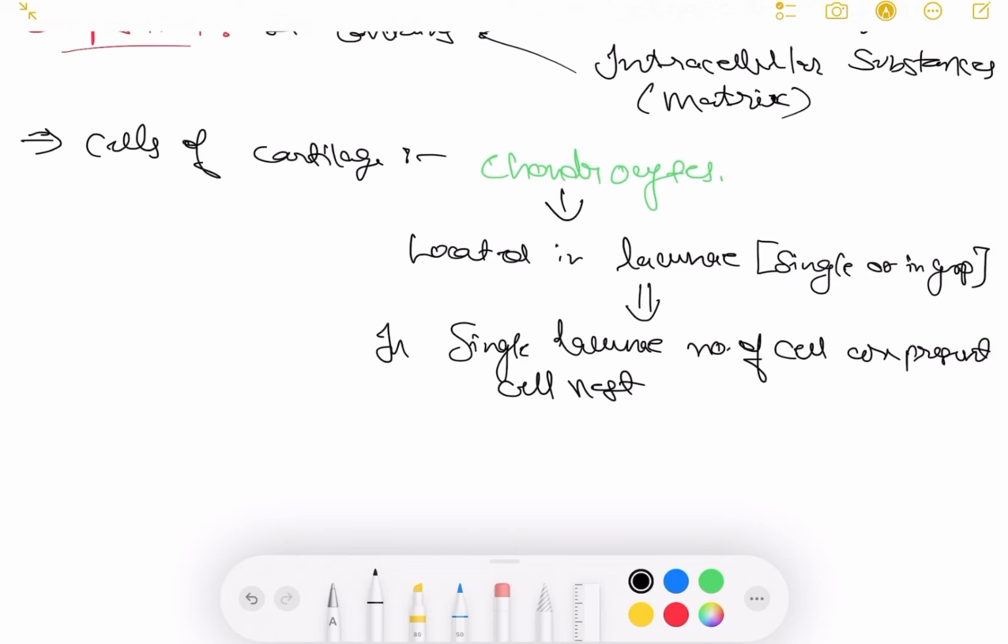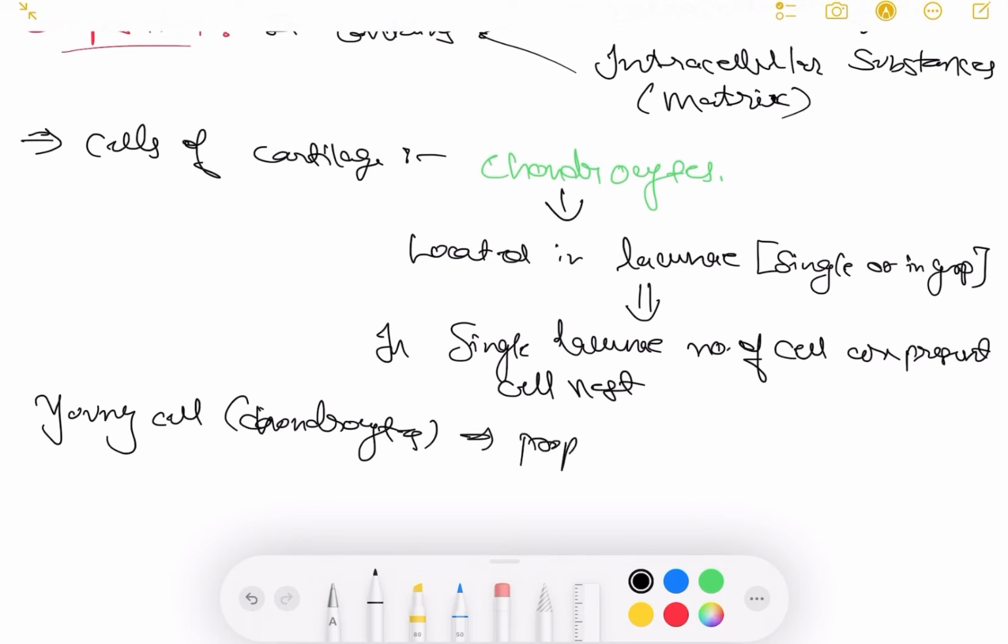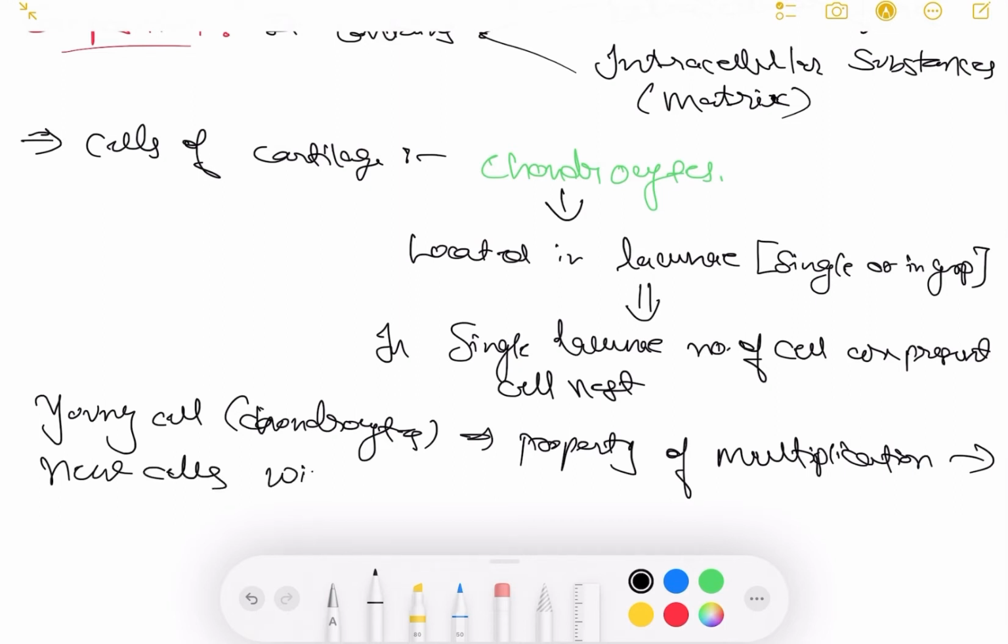And the young cells of chondrocyte, young cells means chondrocytes, have the property of multiplication. And hence, what will happen? New cells will be produced. Getting this?